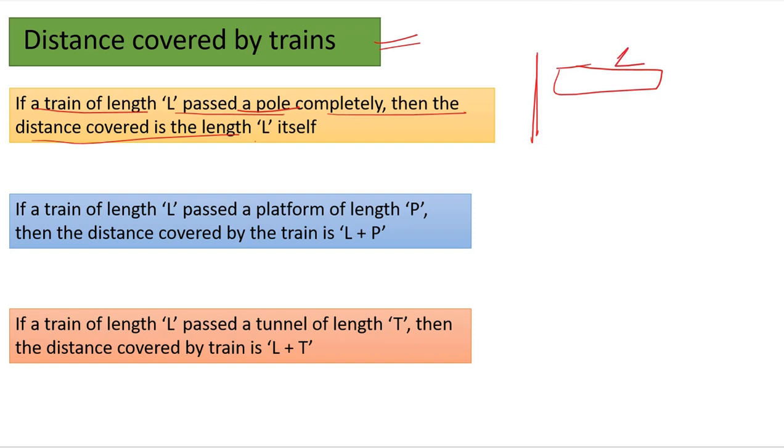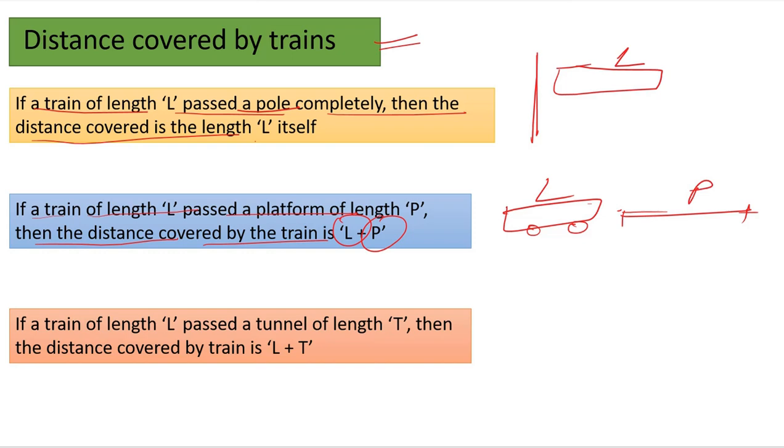If a train of length L passes a platform of length P, then the distance covered is the length of the train plus the length of the platform. If a train is passing from here to here, the distance covered will be L plus P.